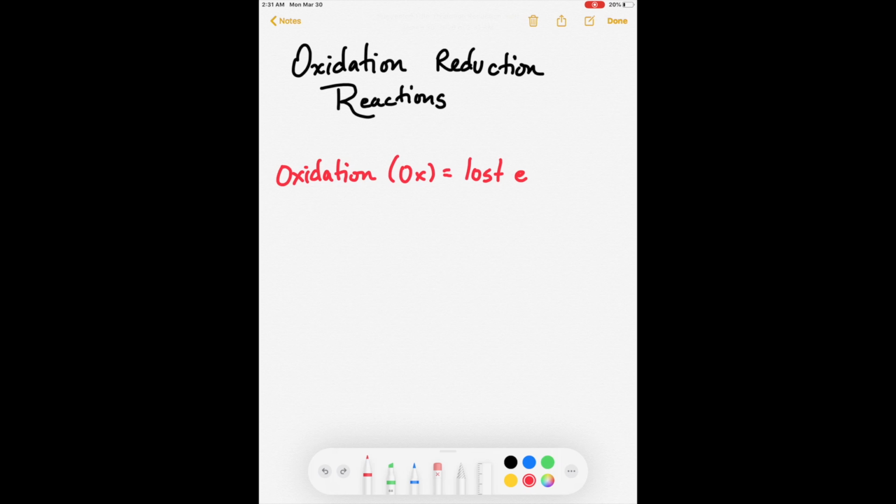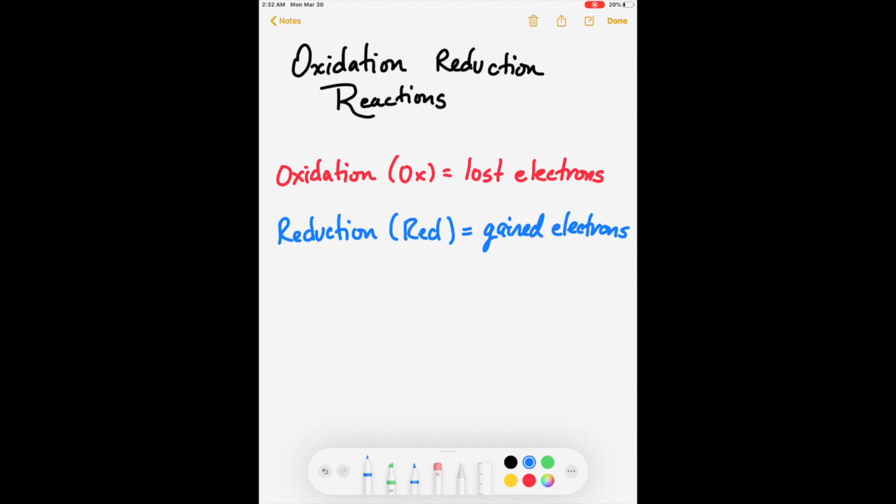Reduction, though, I'm sure you can kind of flip it around here. So if we call oxidation loss of electrons, then reduction is the gaining of electrons.